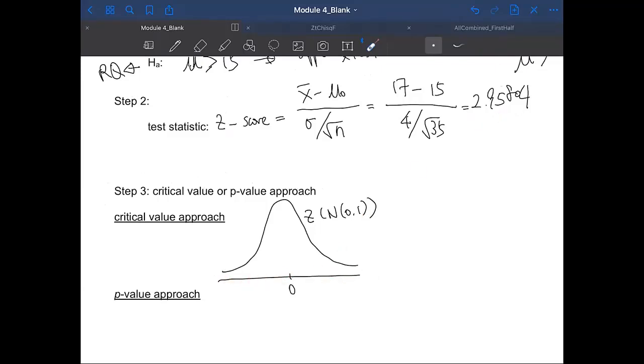So the test statistic we get is the evidence from your data. This is your test statistic, which is 2.95804. And what is the 0? The 0 is something that you compare with. That's actually mu 0, and that's actually 15.